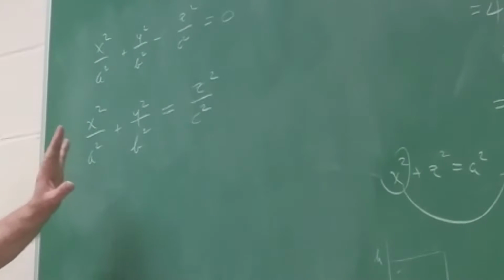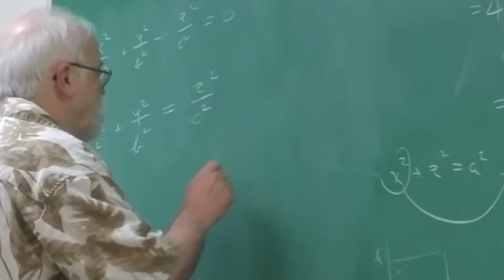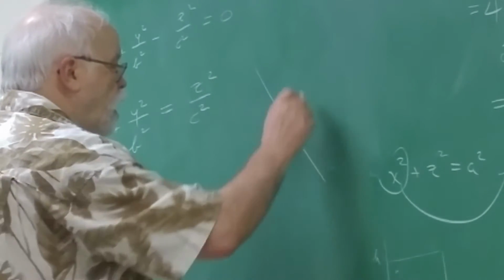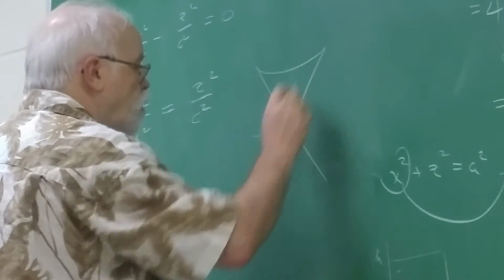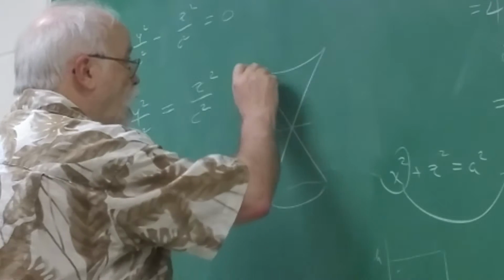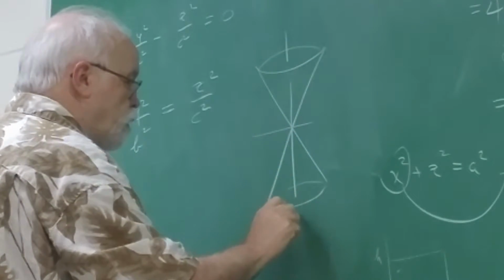But now that I've gotten here, I'm going to go with cones. And so this is a double cone, with the vertex at the origin.